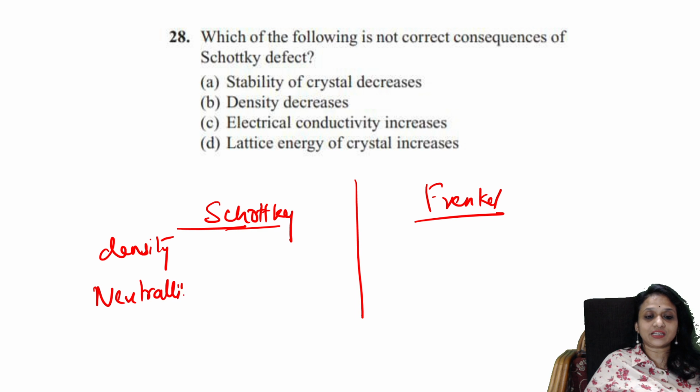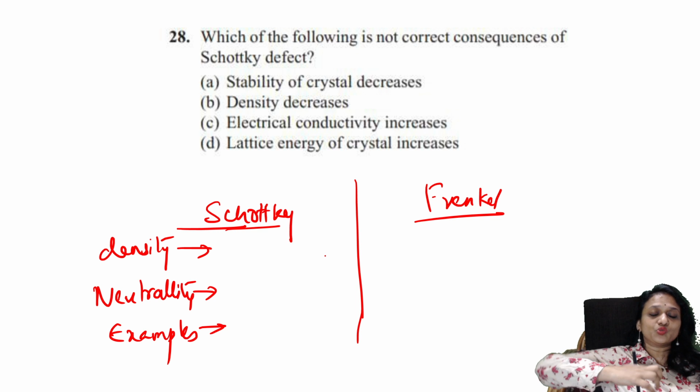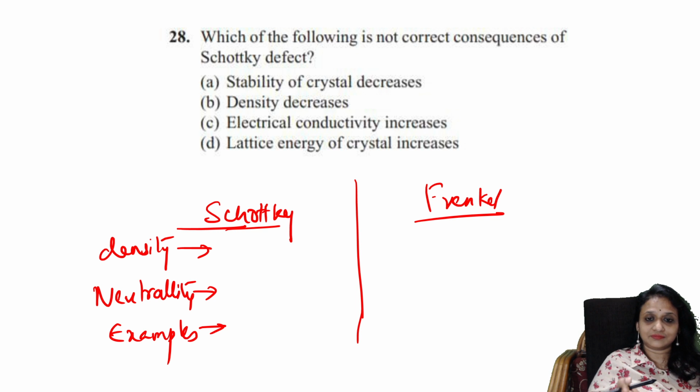What happens to the neutrality when Schottky is there? What are the examples of Schottky? What are the examples of Frenkel? So among all these, remember, whenever there's a Schottky defect, there is movement of the cation out of the lattice.